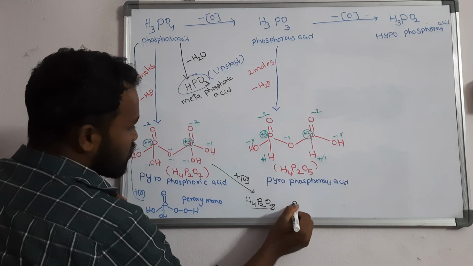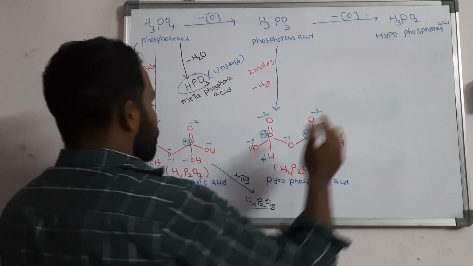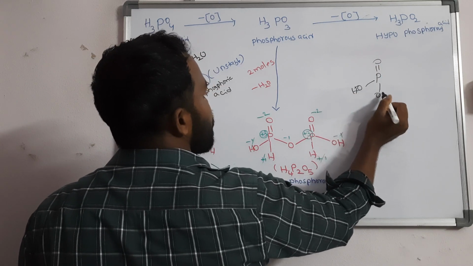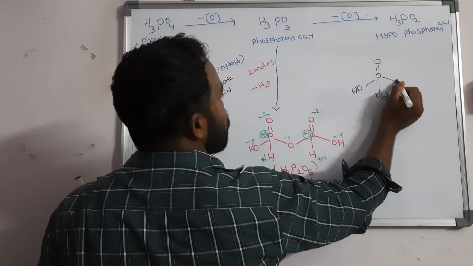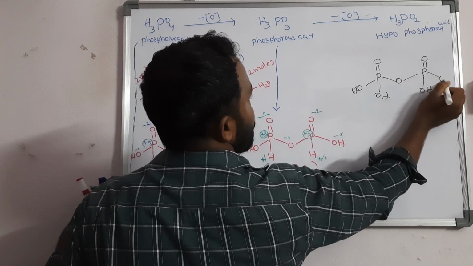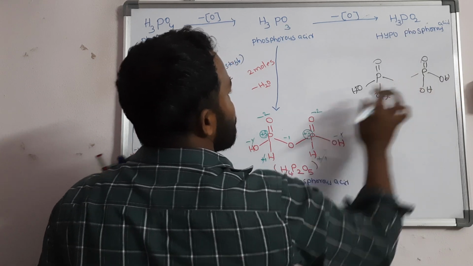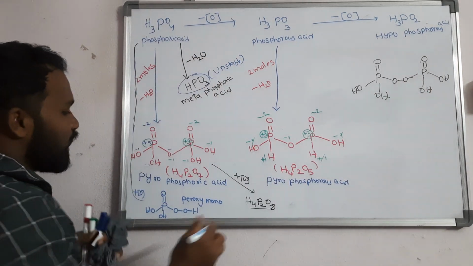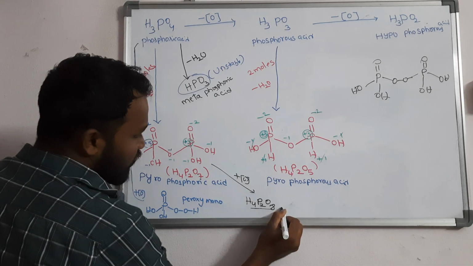So the structure is like this. Here I am going to explain the structure. P double bond O, OH, here OH. So what is there? O. Just write P double bond O, OH and OH. Simply insert one more oxygen in between and you will get this. This is the H4P2O8.